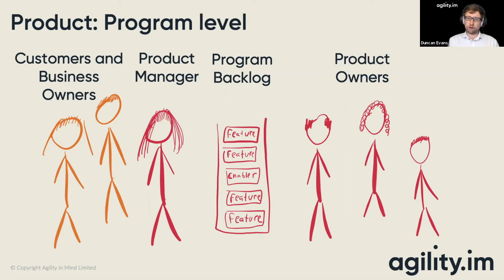This is the product manager's focus: to manage the program backlog, coordinate between the needs of the customers and the business, and make sure that the product owners, who are more team-facing, understand what they need to do.